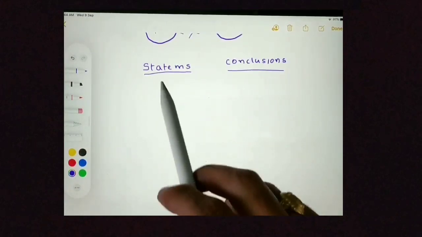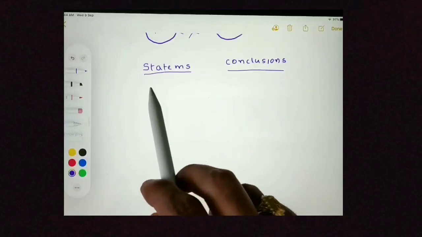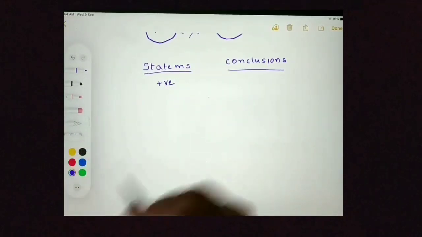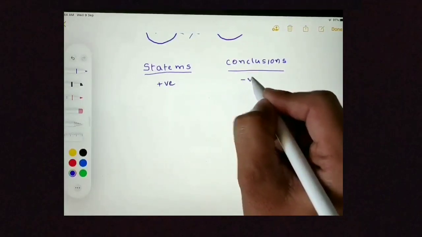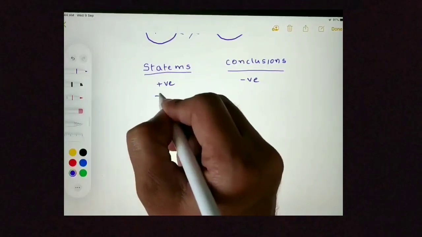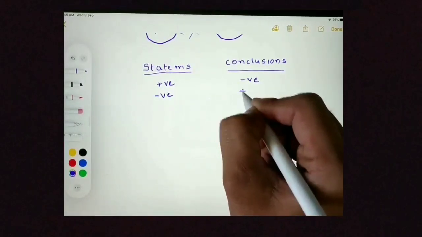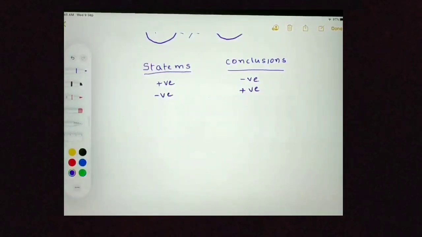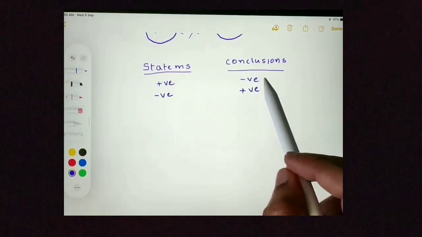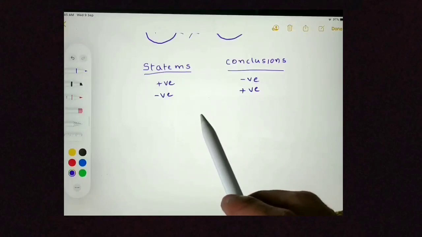We need to remember one thing. If the statements contain only positive statements, then the conclusion cannot be negative. In the same way, if the statements only contain negatives, conclusions cannot be positive. How do we identify whether the statement or conclusion is positive or negative?